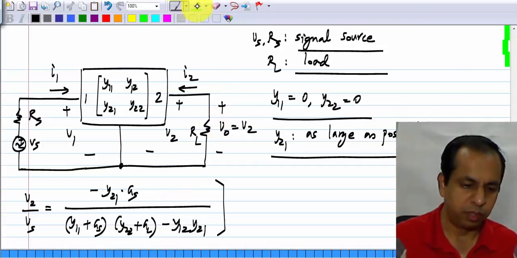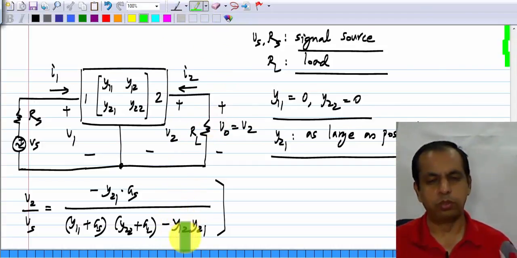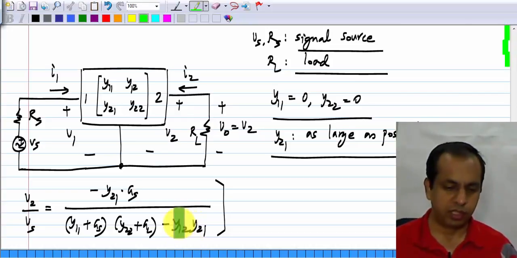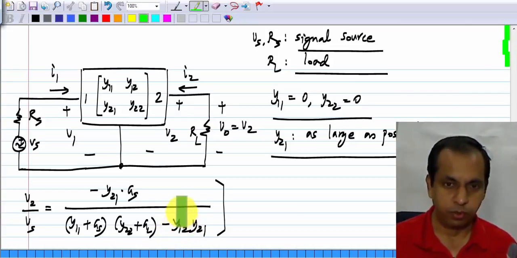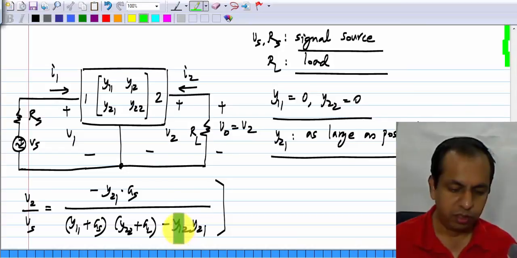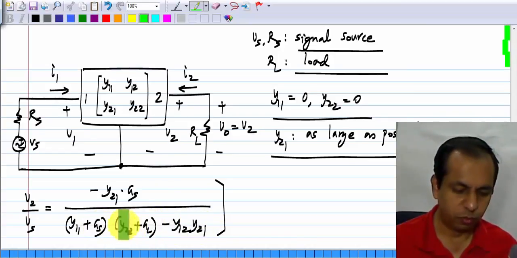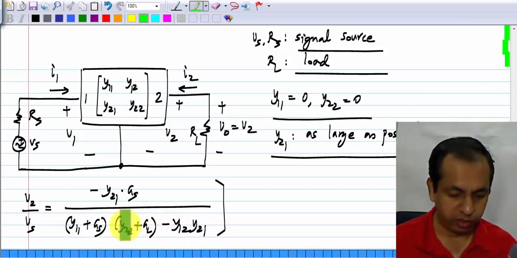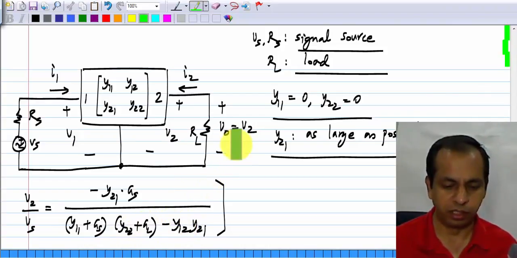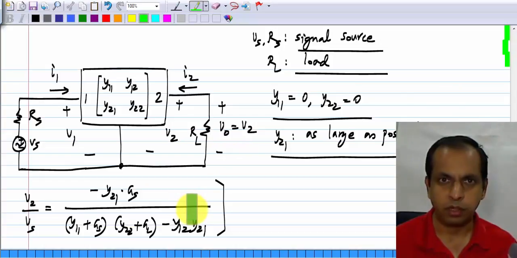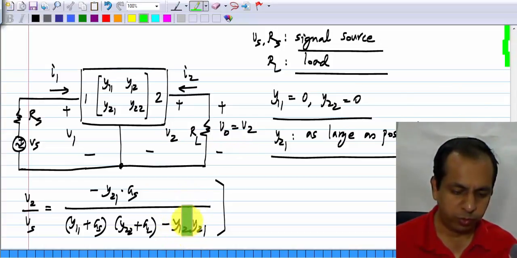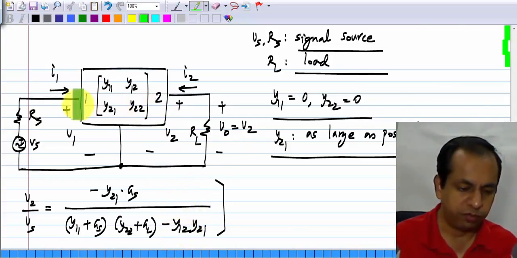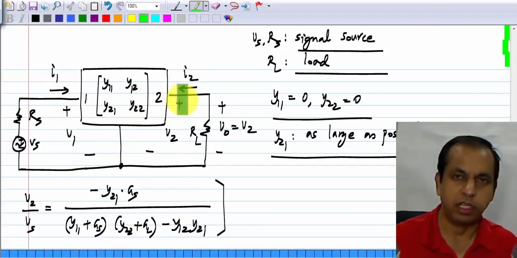Now the last remaining parameter is y12. Now this is a little more subtle. First of all, you can see that if you make the product of y12 and y21 equal to whatever you have here, you could even make the denominator 0 and let the gain go to infinity. Now what is y12? It is the effect of V2 on I1, that is the effect of port 2 on port 1.